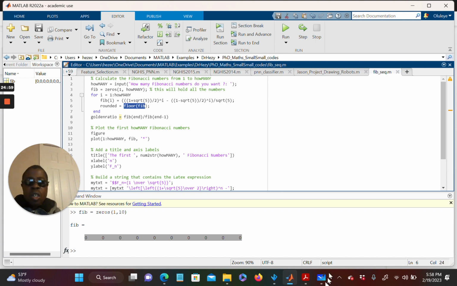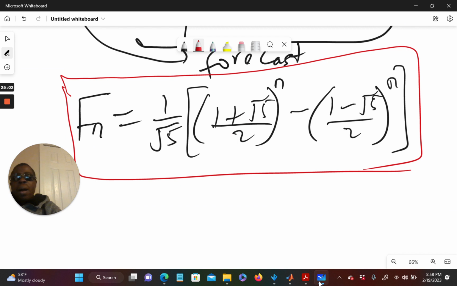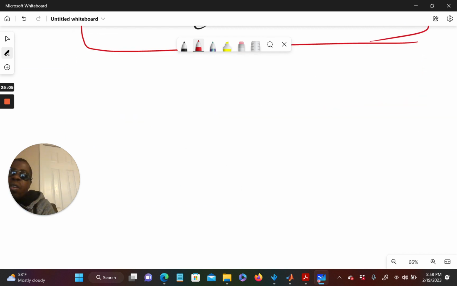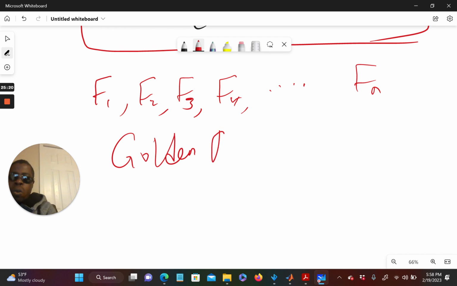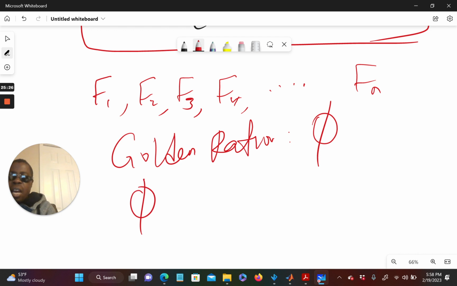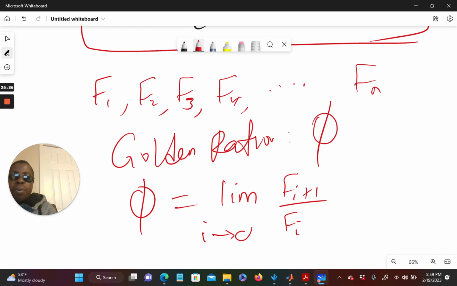Okay, and that is also what is called a golden ratio. Let me quickly talk about that. So if you have several Fibonacci numbers, F1, F3, F4, and so on, maybe Fn. Now, the golden ratio, which is represented as phi, is given as the limit of the ratio of next over previous as I approaches infinity.